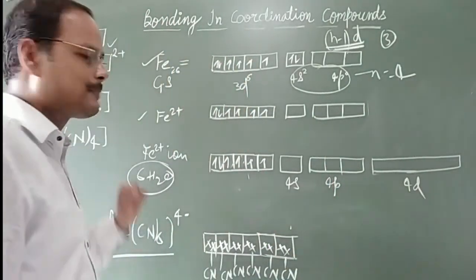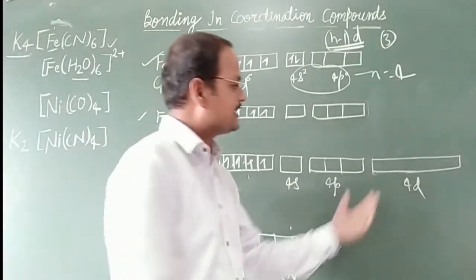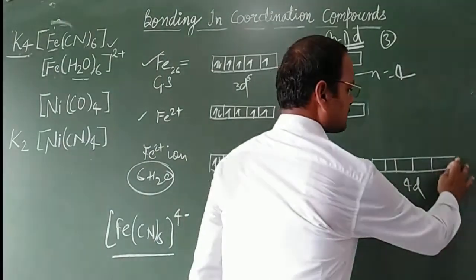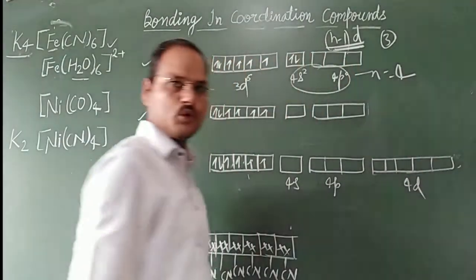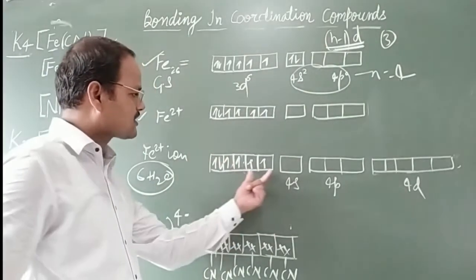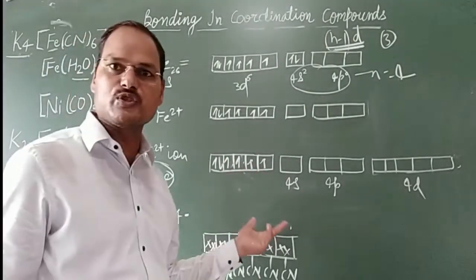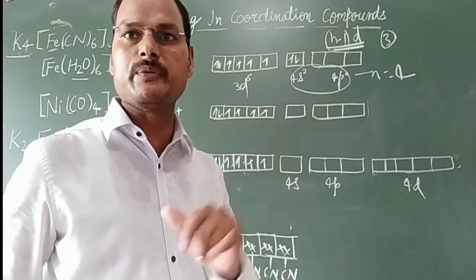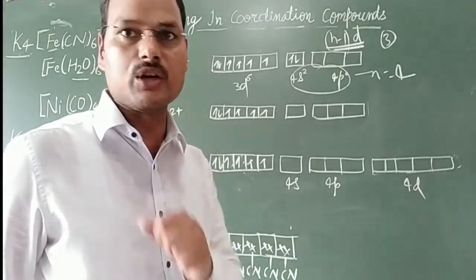To form such type of compound, we need these orbitals also. See, here in this case, in case of 4d, see, what will happen? The pairing will not take place if both electrons are taken by these orbitals. 3 electrons will be there. According to Hund's rule, such type of concept cannot be there, should not be there.